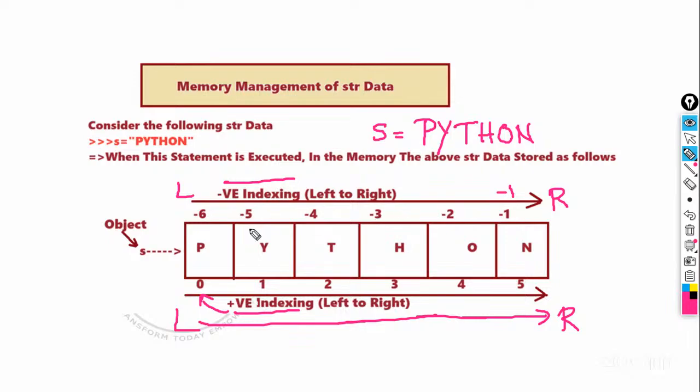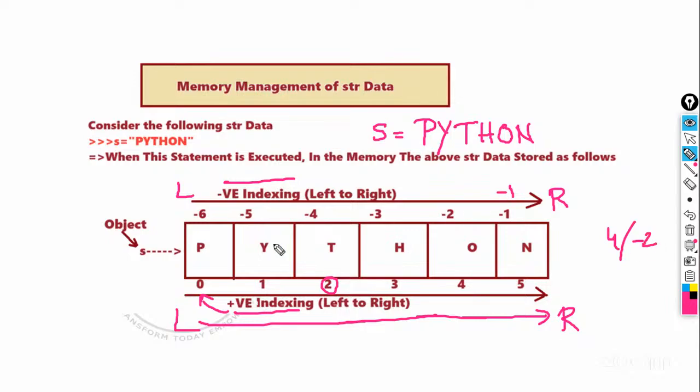So this is the proper understanding of indexing. Say if I want to obtain only O, either I can obtain O using number 4, or if not, -2.